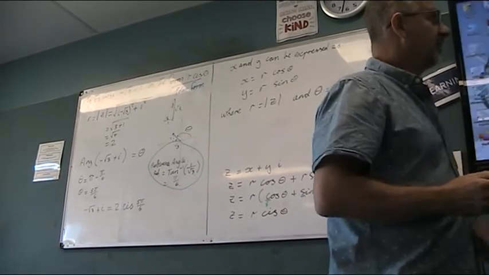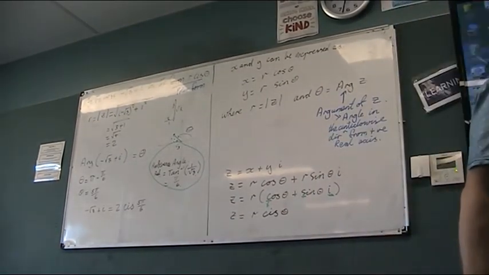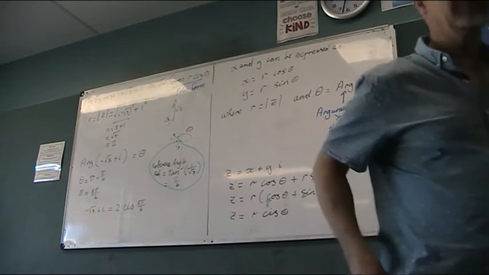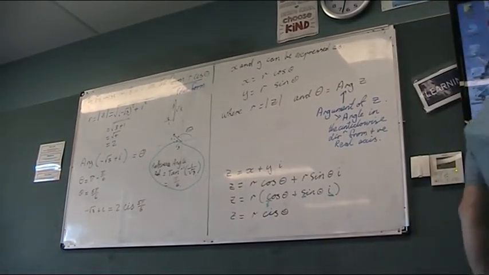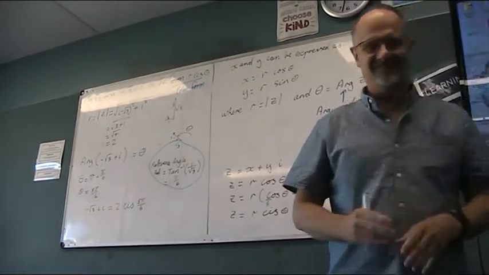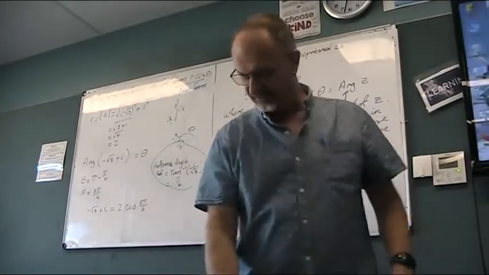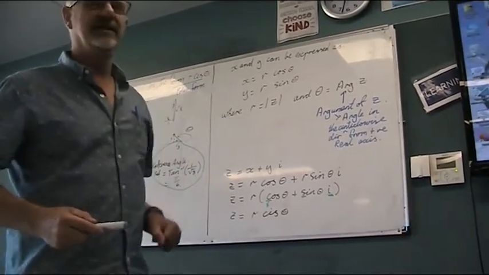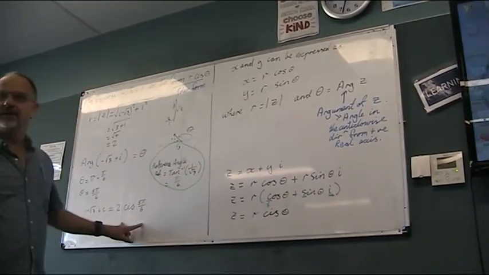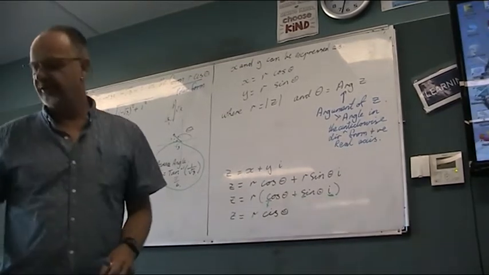Alright, so 2 cis 5 on 6 pi. As long as we know how to interpret it, so what does that mean? That means 2 cis 5 on 6 pi.